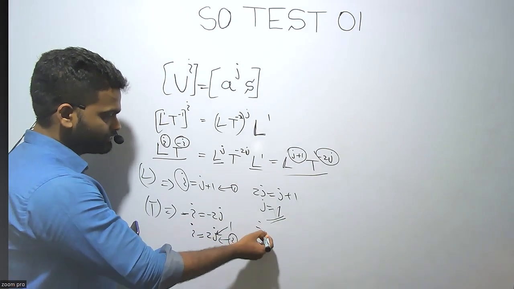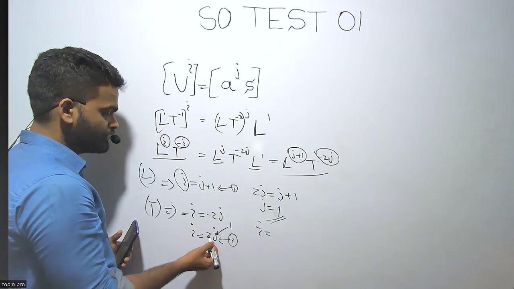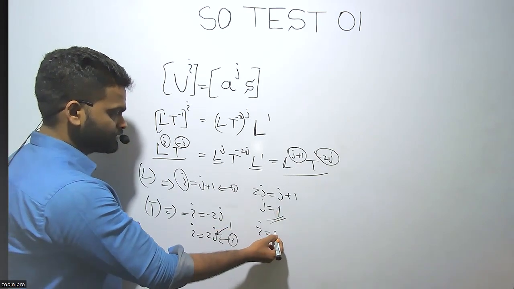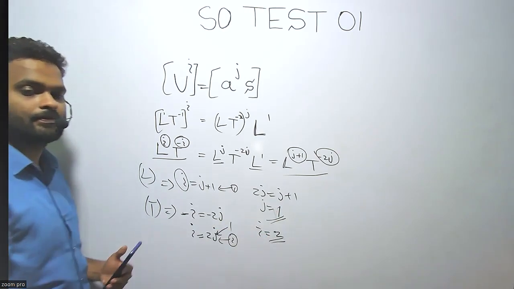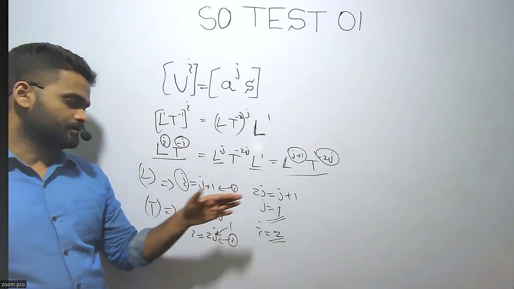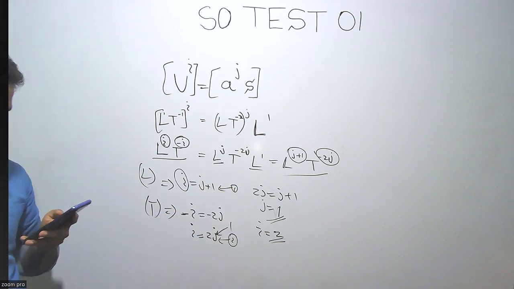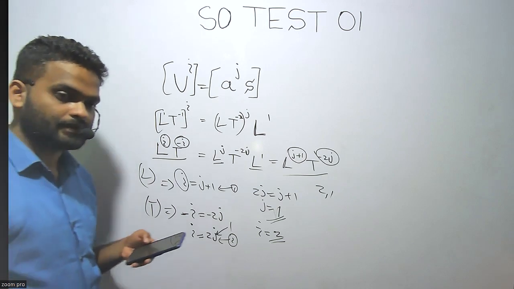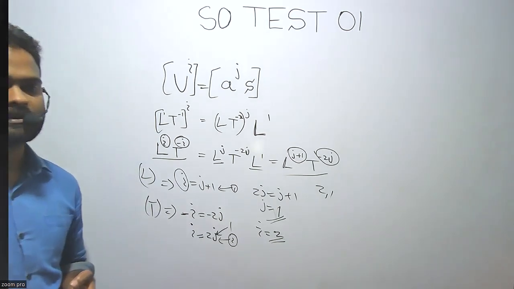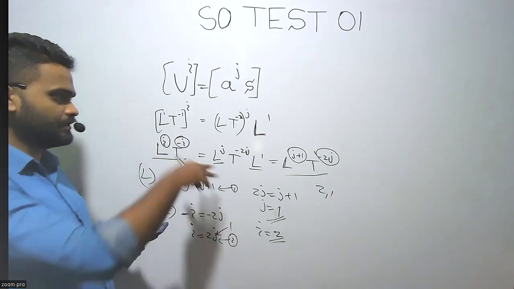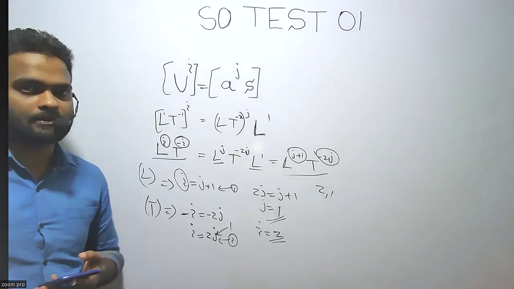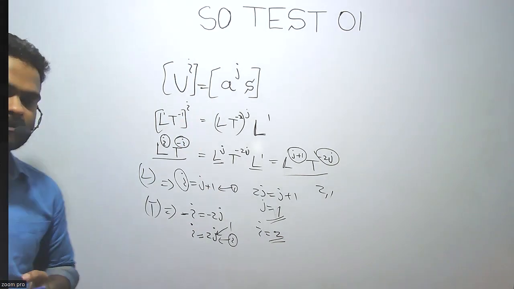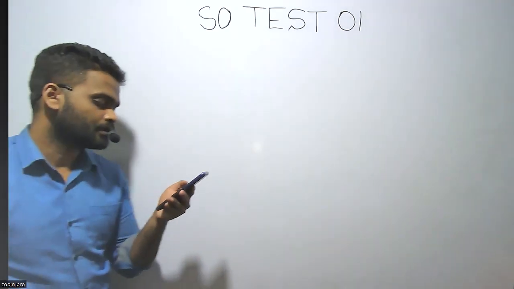So i is equal to what? 2j, 2 times 1, so that is 2. So the values of i and j are 2 and 1. The third one is the answer there, right? 13th question. Whenever you have an equation, both sides have the same dimensions. So that is the theory we used here, right?